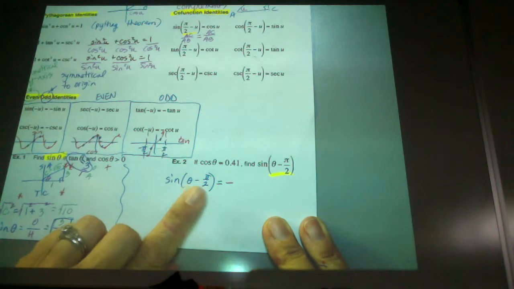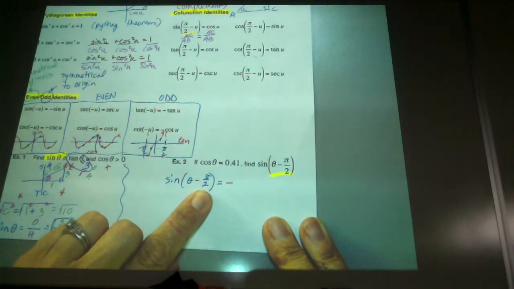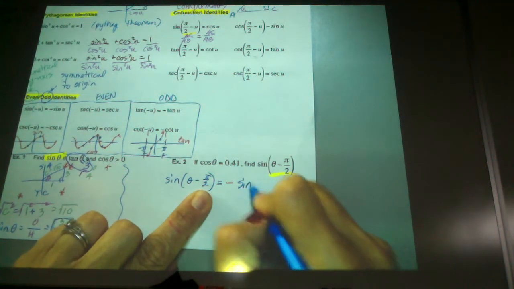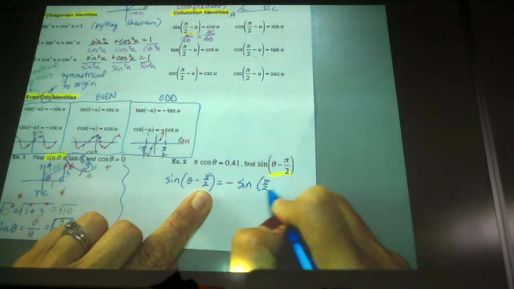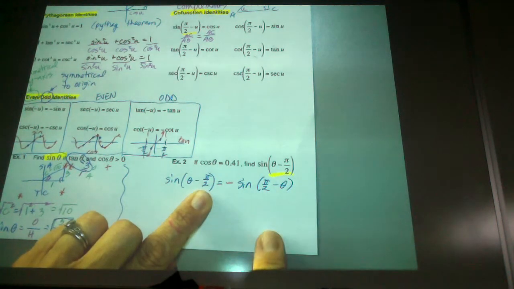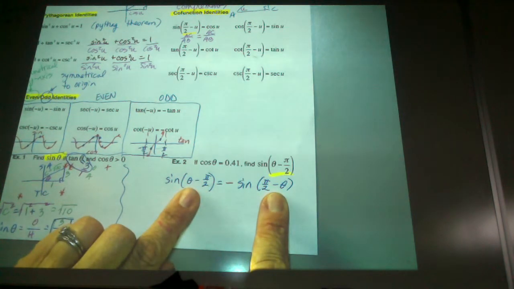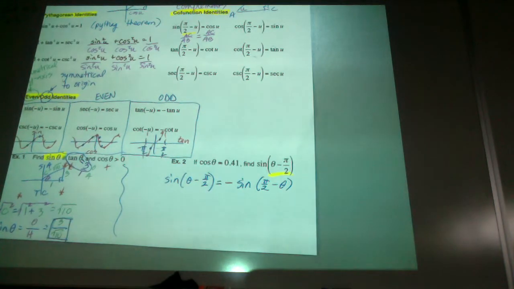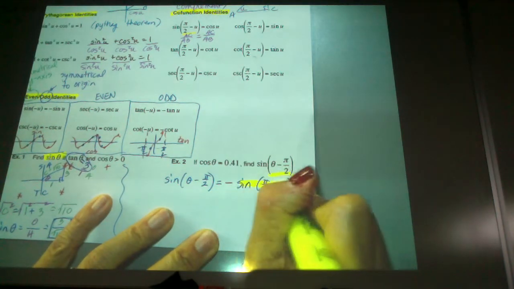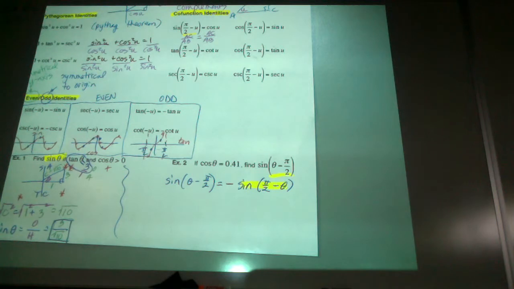And it's going to change the pi over 2 to a positive. So if you don't mind, I'm going to go ahead and just switch them. Can I do that? A negative, we'll switch those around. Because now they're opposite signs. And the reason why I wanted to do that, I want this to look identical to that identity up there.